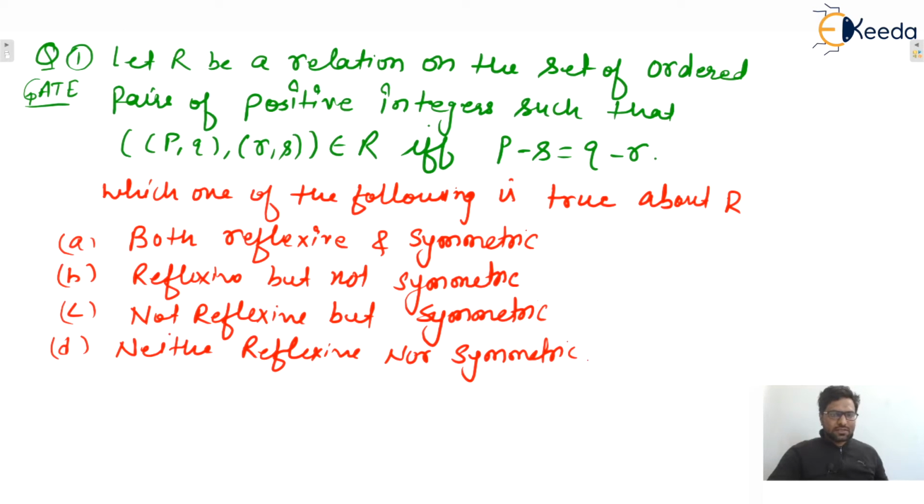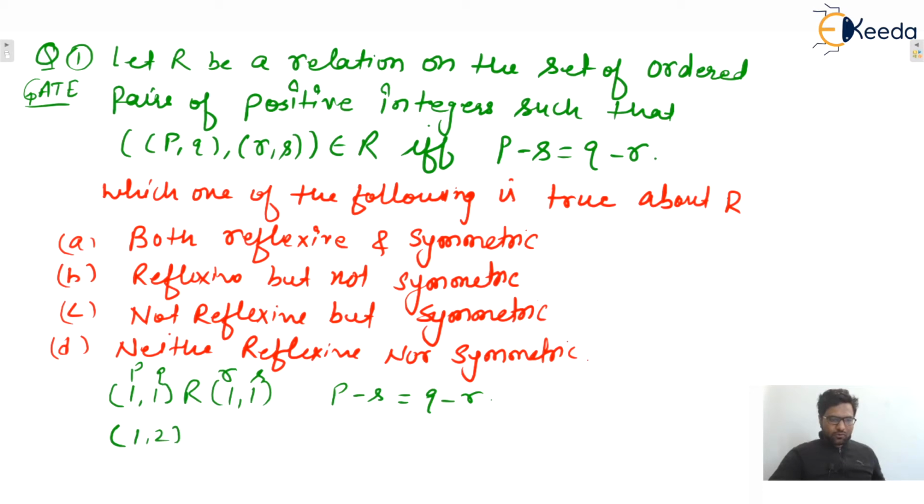Now you only tell me whether this one is true or not. Let us consider, you only tell me whether (1,1) will be related with (1,1) or not.